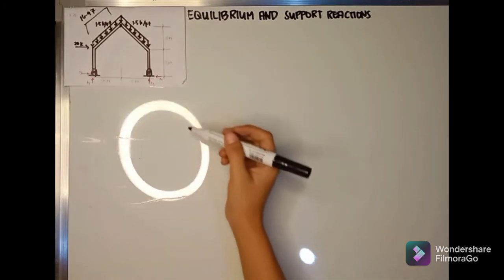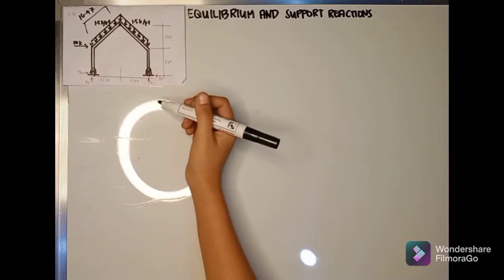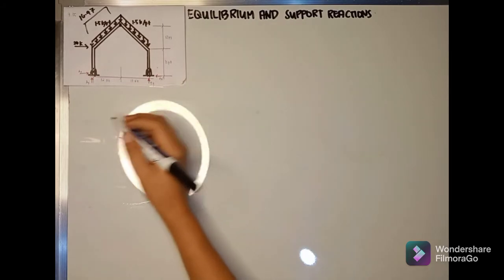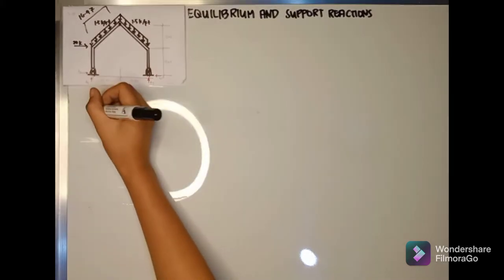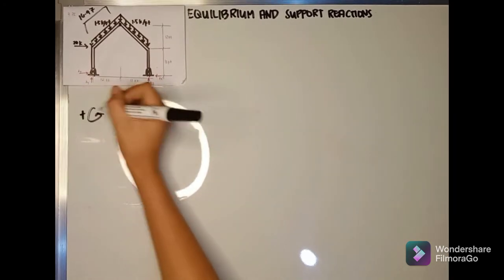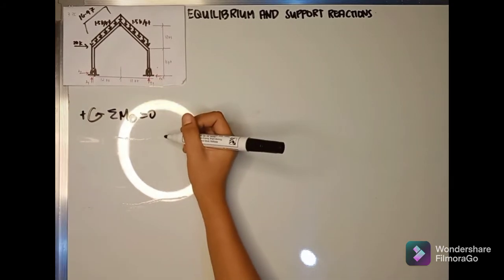Okay. Now let's start. There are 4 unknowns, so we can't use the summation of vertical and horizontal components here. We can only use moment, so let's have a moment at point B. Counterclockwise is positive. Summation of moment at point B is equals to 0.